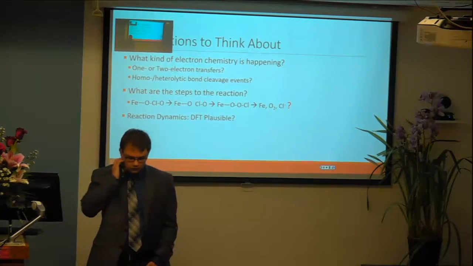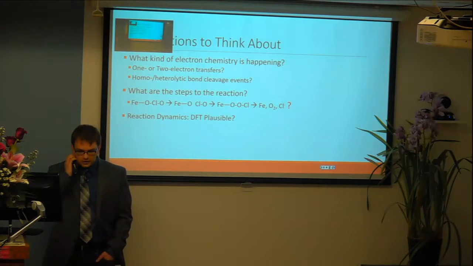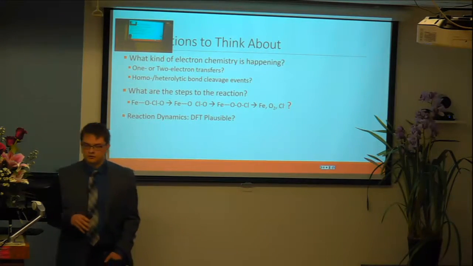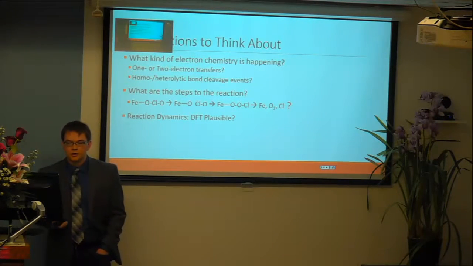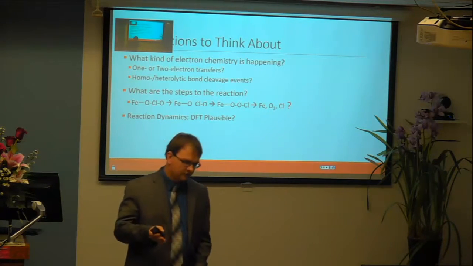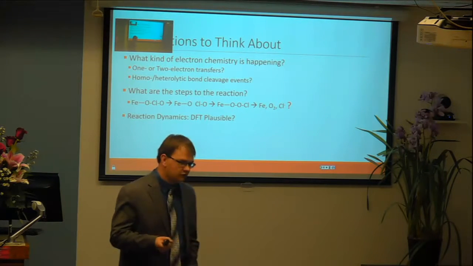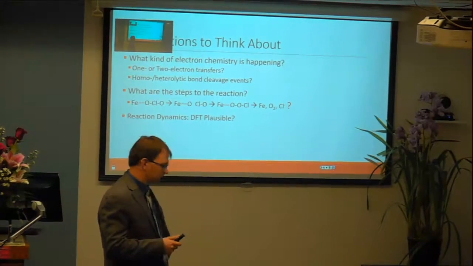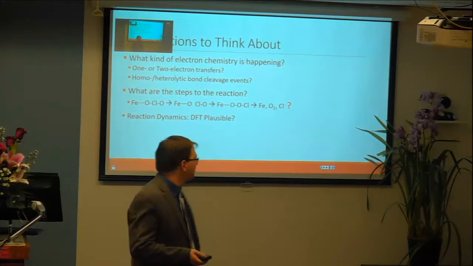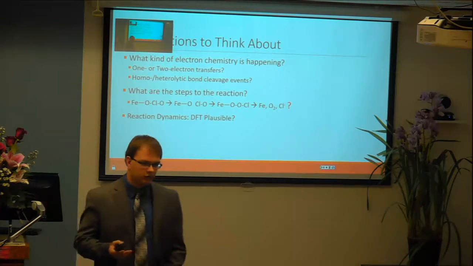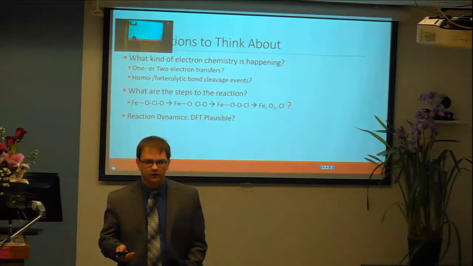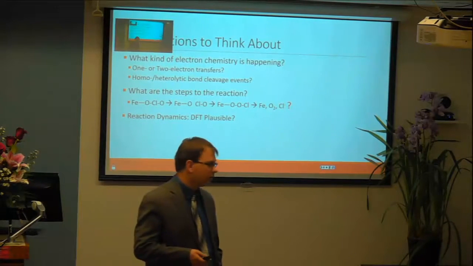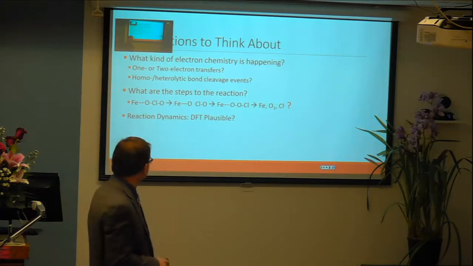So, what reaction is happening? We're looking at chlorite, so oxygen bonded to a chlorine bonded to another oxygen, usually in a single anionic form. It's hypothesized and also seen in experiment that one of the oxygens will bind to the iron, and then we'll go into some transition state, possibly one where you have a hypochlorite ion stabilized by some nearby amino acid chains, mainly arginine sitting above the surface.